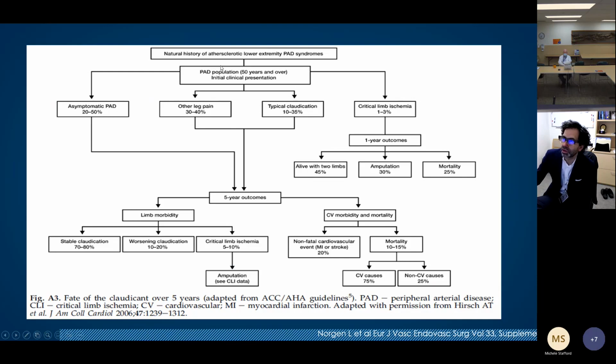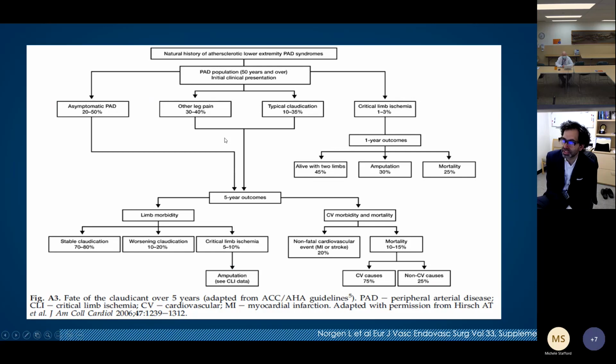But what we can see are these asymptomatic patients in the whole PAD patient population make up almost 50%. Claudicators are probably the largest proportion. And then critical limb ischemia is a small percentage at 1 to 3%, but certainly the ones with the most to lose.